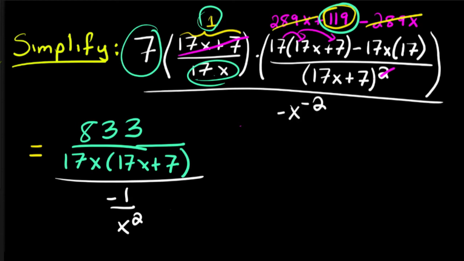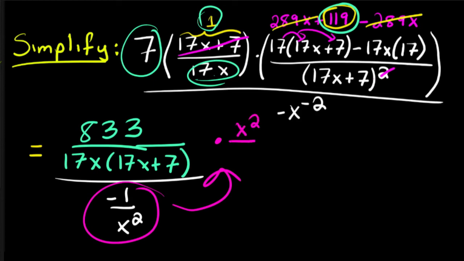So then invert and multiply this guy, of course. This guy comes up as times x squared over negative 1. Okay. And so what we get from that is, notice that one of these x's cancels with one of these. So then what I get is also 833 and 17.